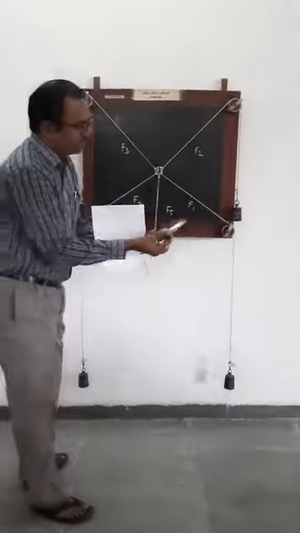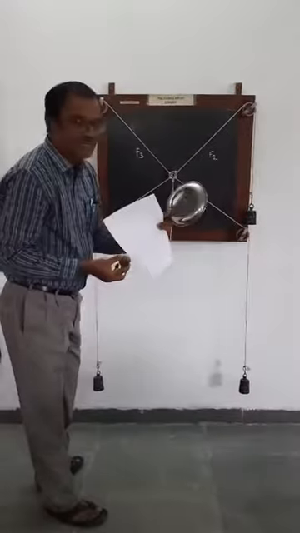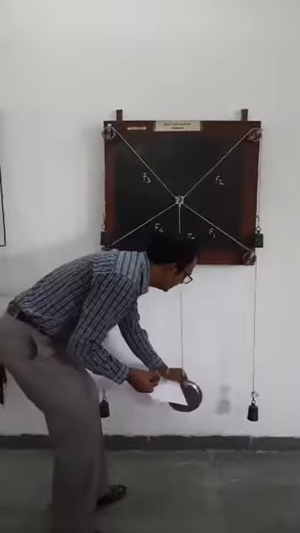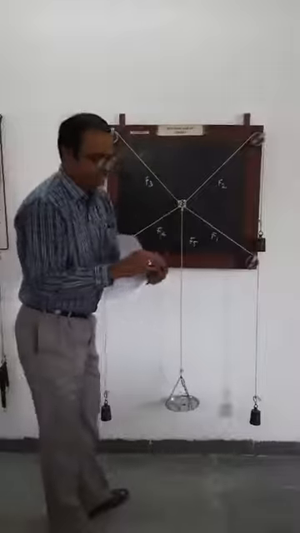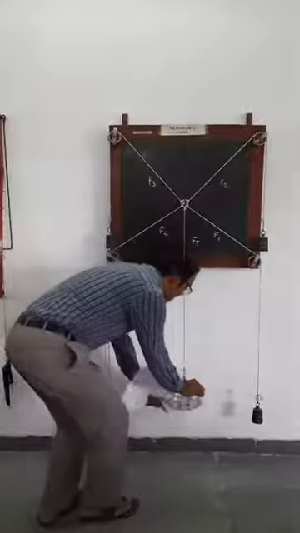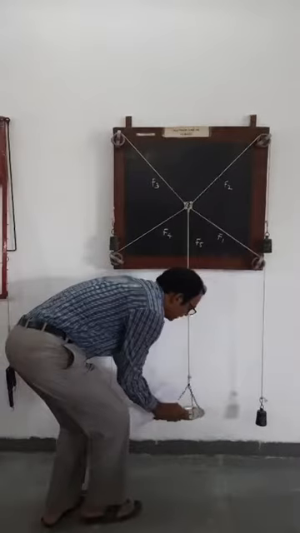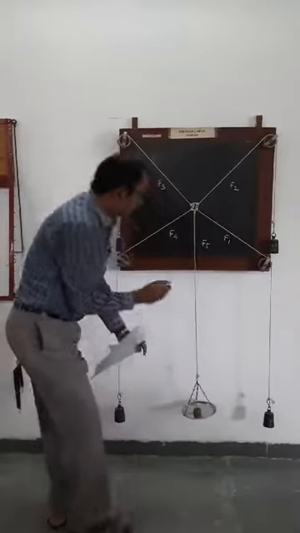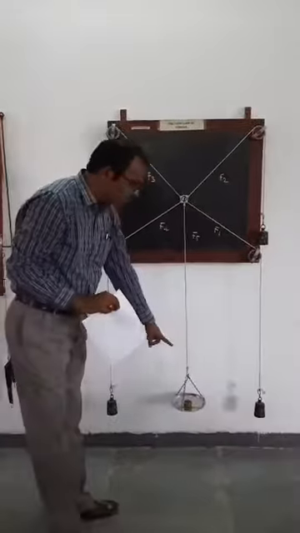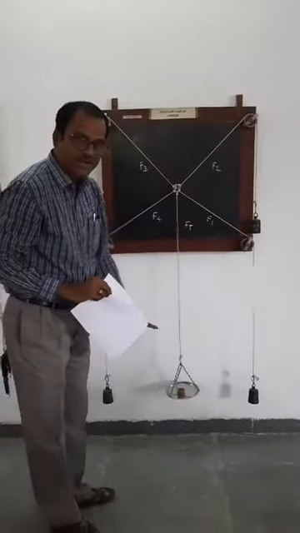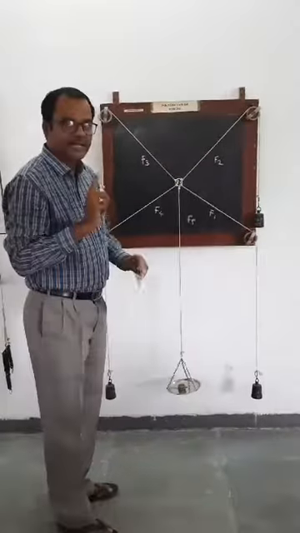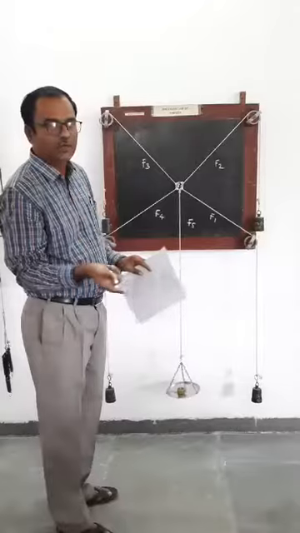It is written on the back side: 119 gram. That is the weight of the pan. This weight is 100, plus 100, that is 200 gram added weight, plus 119 gram for the pan. So the total F5 force is 200 gram plus 119 gram, that will be 319 gram, which you have to convert into kg.